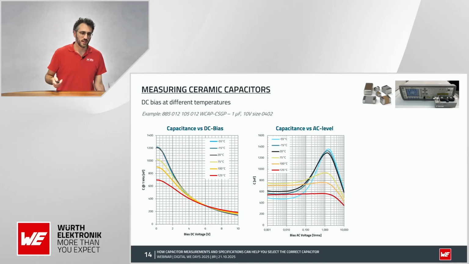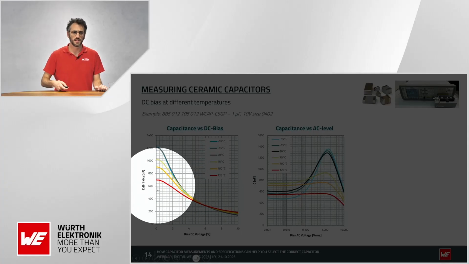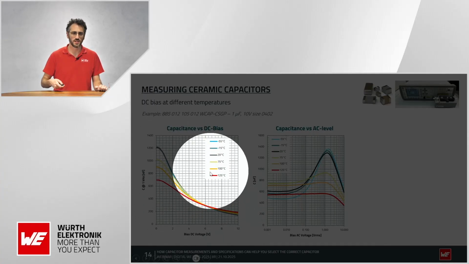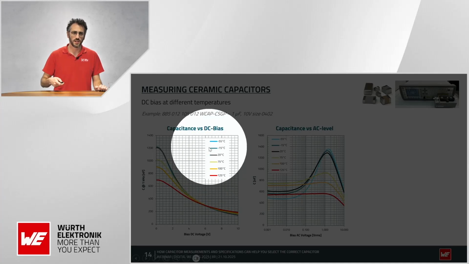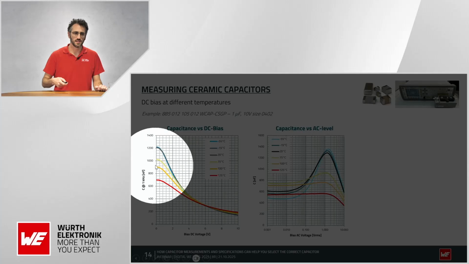A similar thing happens with temperature. So maybe you have seen this kind of curve, and DC bias is again the DC bias curve, but we have measured at different temperatures, and you can see, yes, at 0 volt, we have very different capacitance.